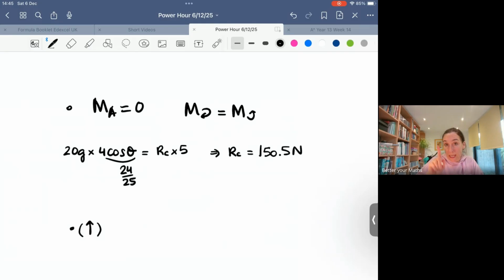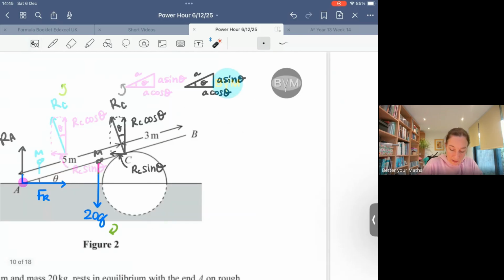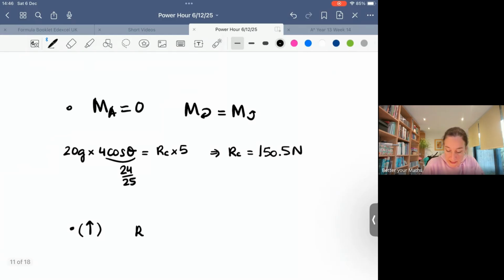Forces pointing up are going to be equal to all the forces pointing down. Pointing up, I have RA plus RC cos. Now I'm using this one because I'm working vertically. So RA plus RC cos, which are pointing up, is going to be equal to the only force pointing down, that is the 20g.